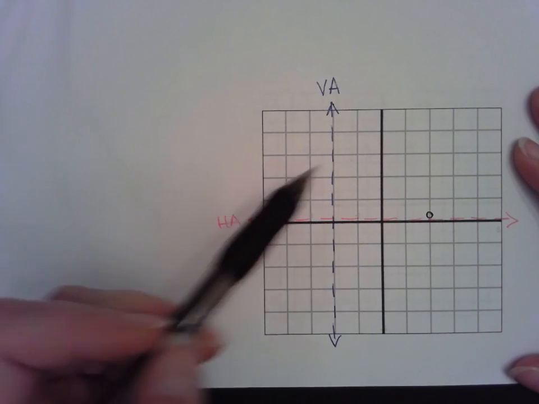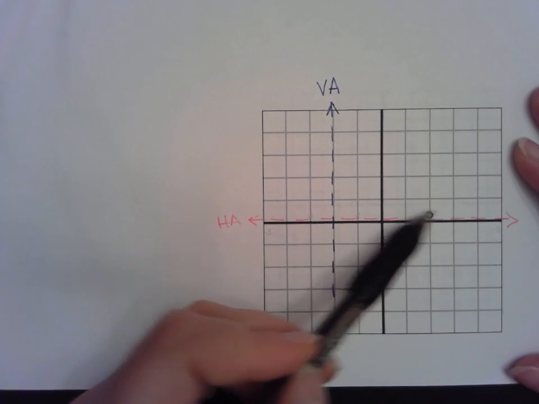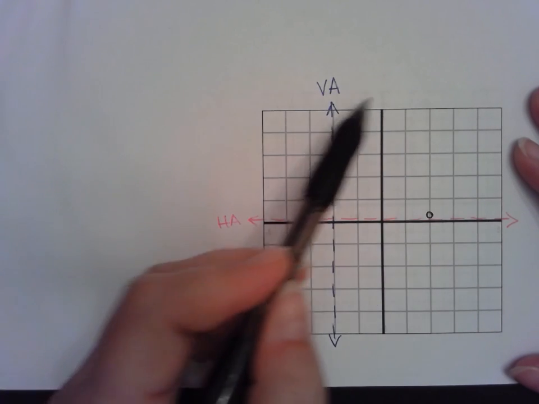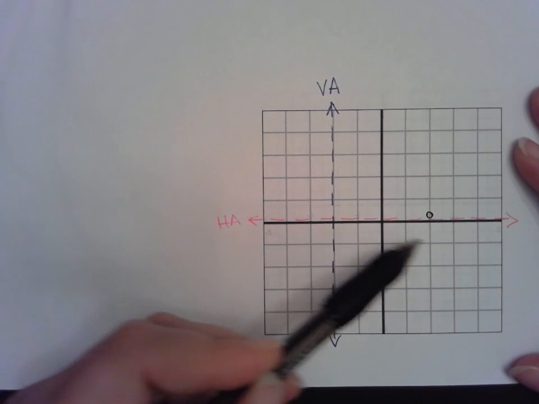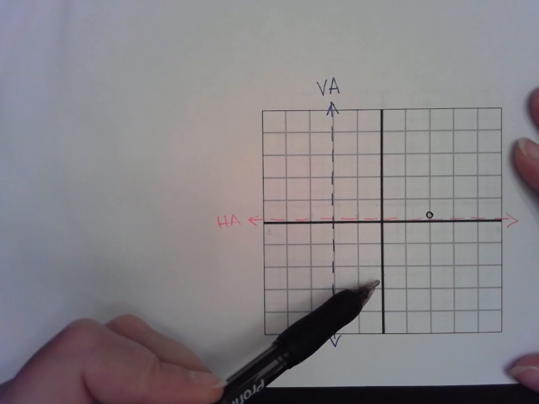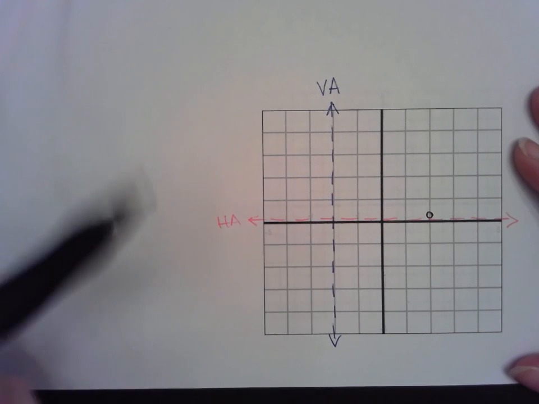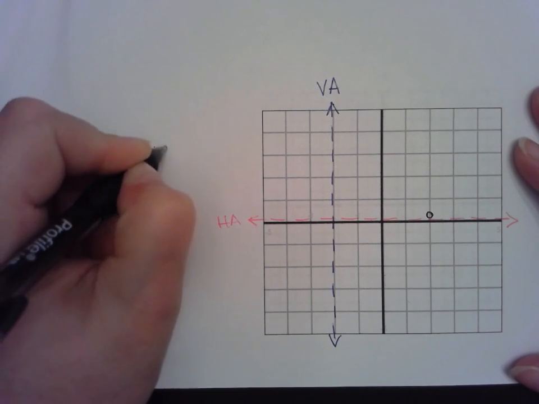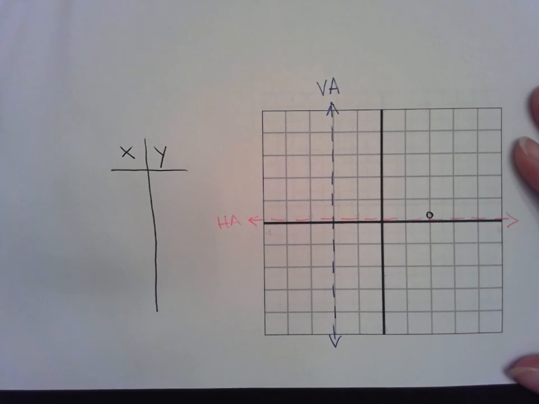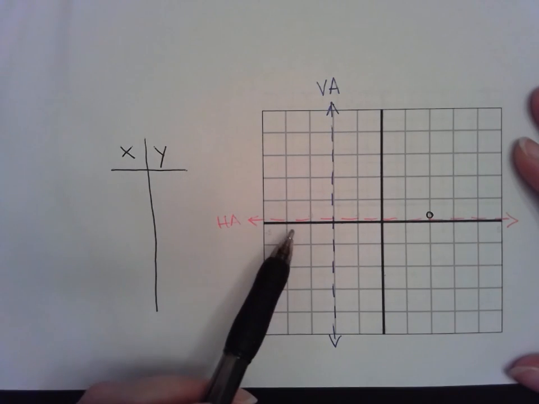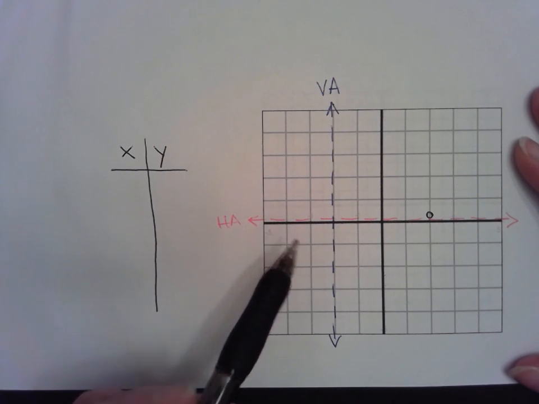Okay, so these dotted lines divide up the graph. So since the hole is here, we know that part of the graph is going to be in this region. Since it's a function, it's got to pass the vertical line test, which means there's not going to be anything in this region. And then the left-hand side is either going to be up here or down here. So we do need to plot a couple of points just to decide where the graph is. What's going to help us out a lot is that the graph is going to approach these dotted lines.